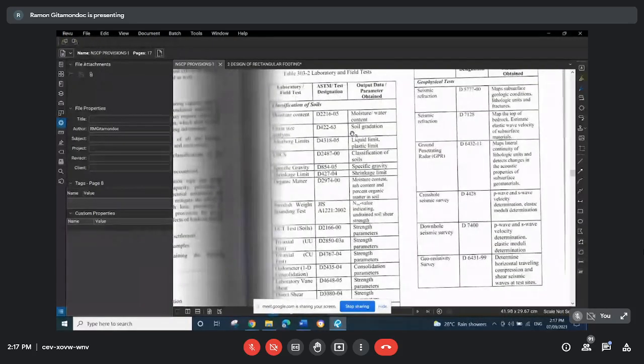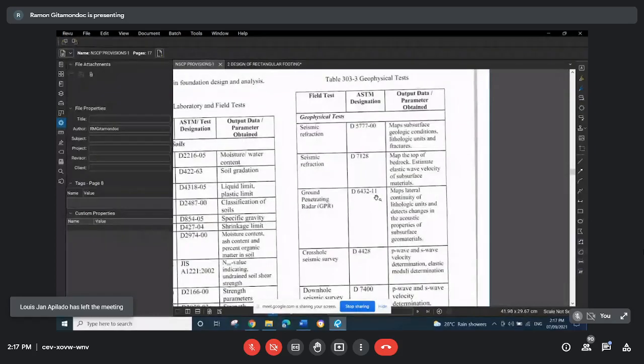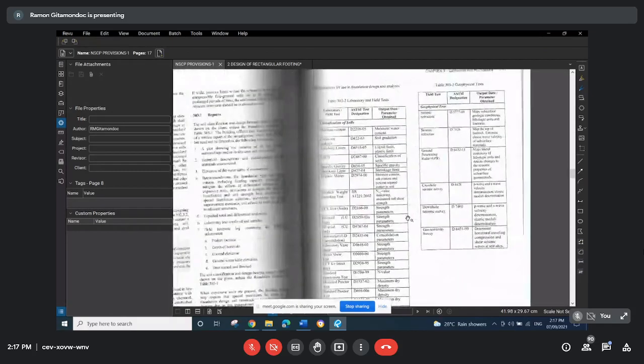Okay, so you have here the recommended laboratory and field tests, okay? Usually the geotechnical engineer has standard tests, but if you want specialized or additional testing, then you have to specify it in your instruction, because that will have an impact on the cost, no.